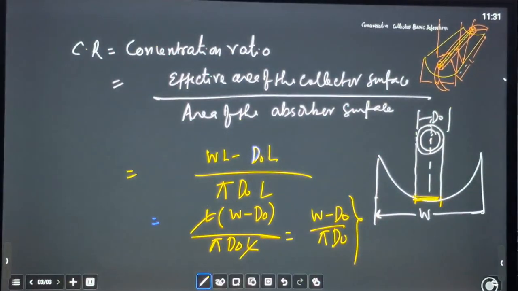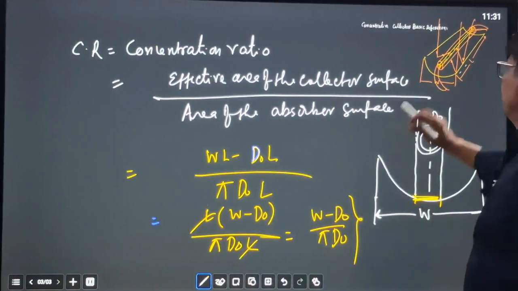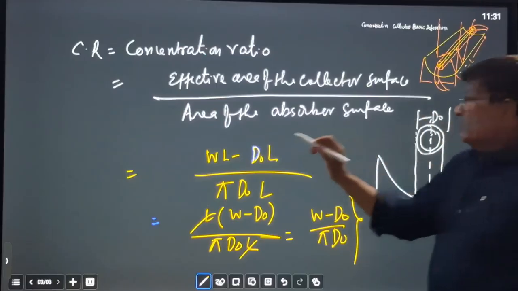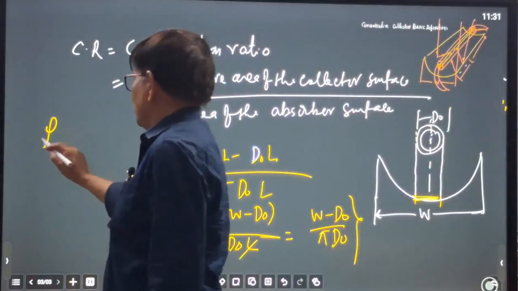Another definition is the reflectivity of the reflector, because 100% reflection is not possible. Some radiation is absorbed by the collector surface. So we define the reflectivity of the surface.